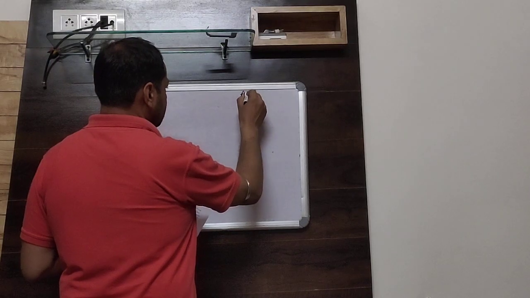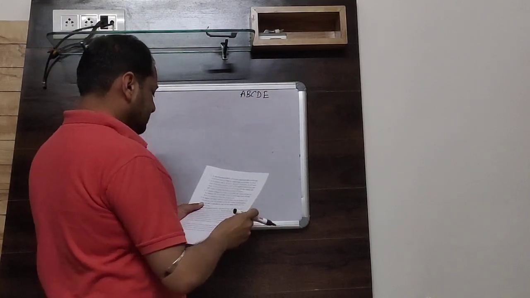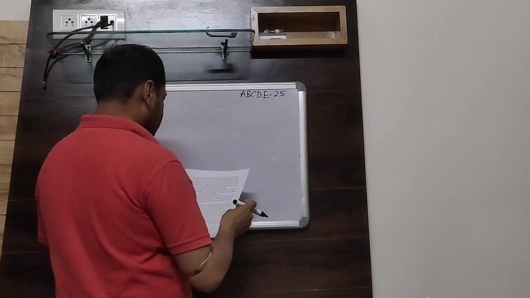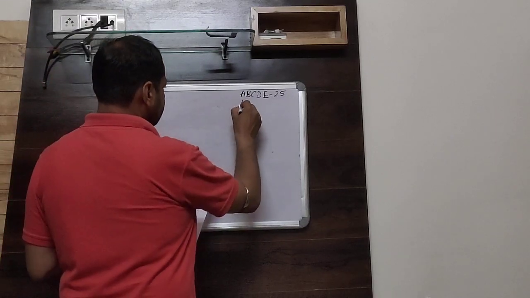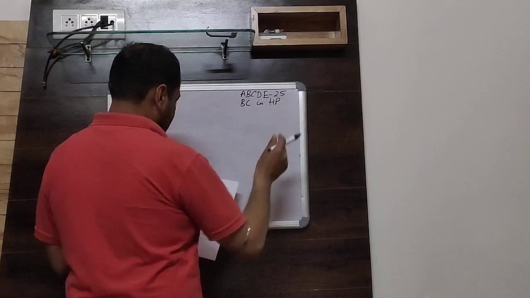Regular pentagon ABCDE, side is 25 mm, and its side BC in HP.